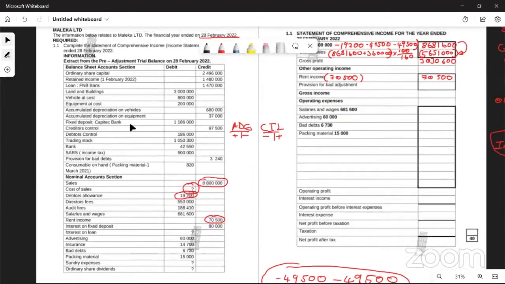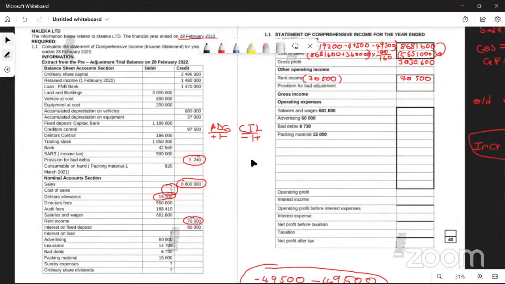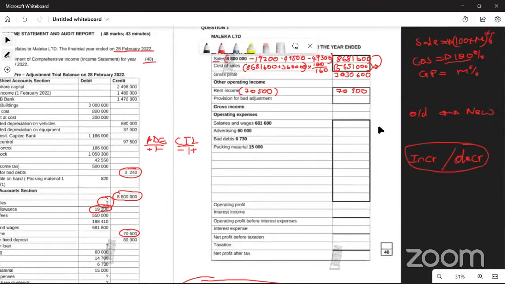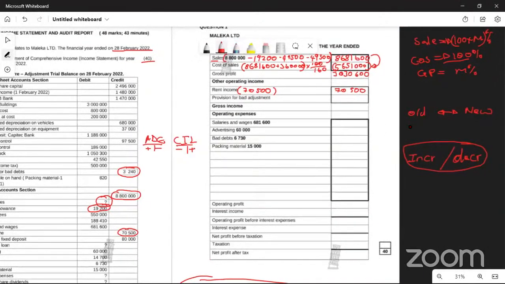Let's check it under the balance sheet section. Provision for bad debt under the balance sheet section. Here we have provision for bad debt as 3,240.